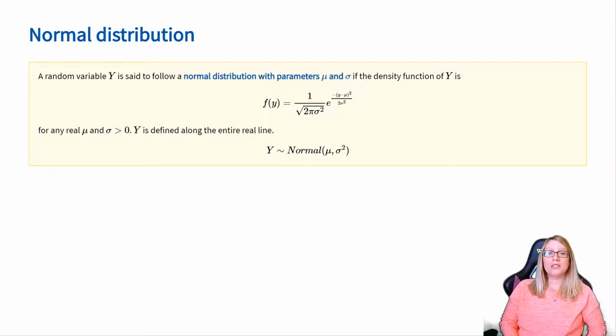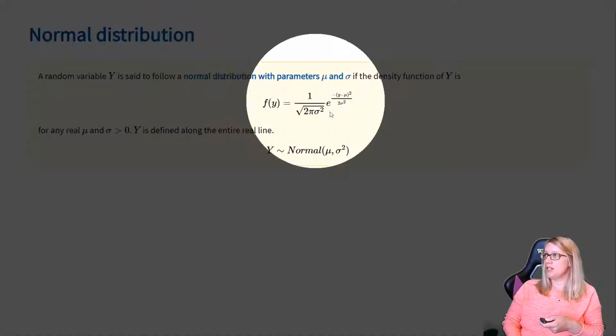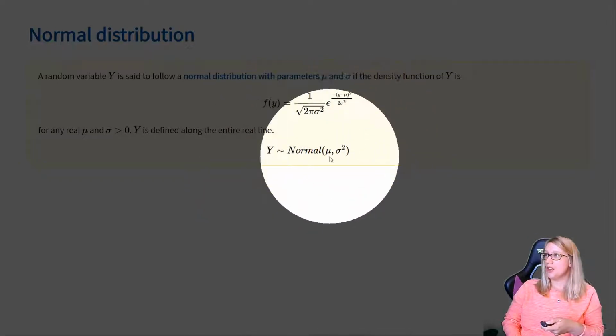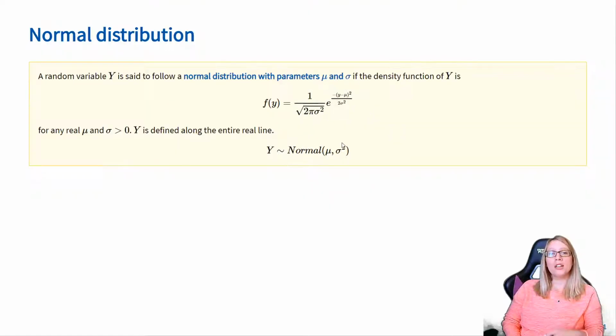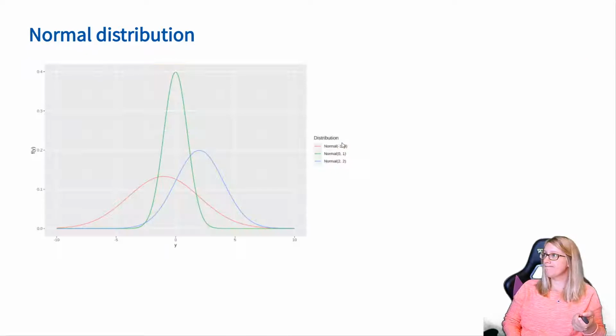This distribution exists for any real valued mu and any sigma greater than 0. We then say that y is distributed normally with parameters mu and sigma squared. So in that shorthand notation here, the value of sigma that will be reported is actually usually sigma squared.